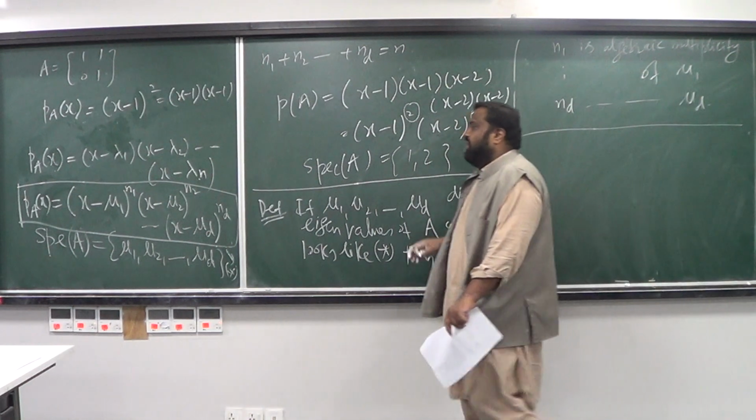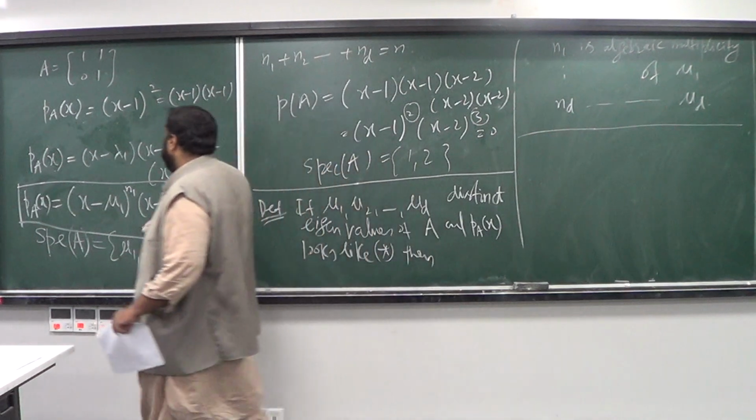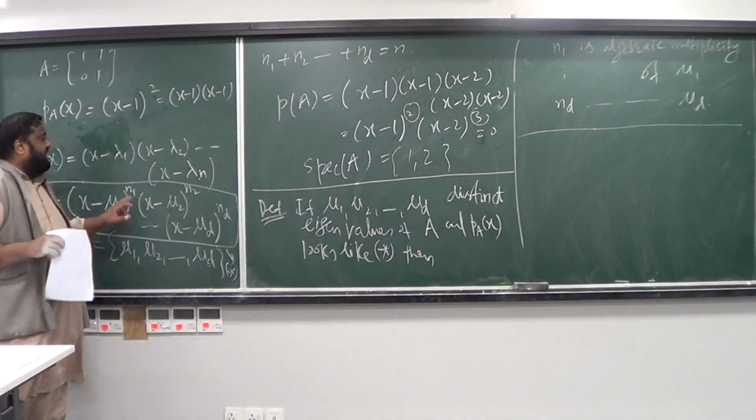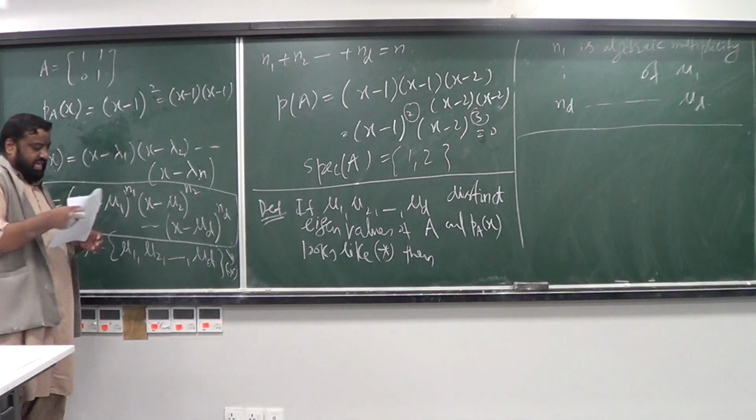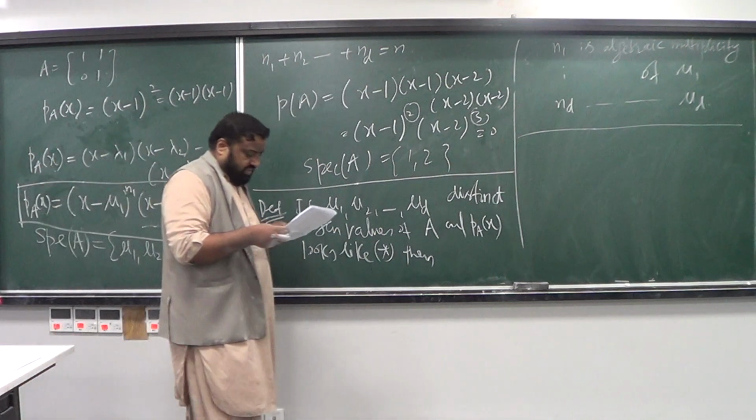Okay? So if a factor repeats some number of times, that power is the algebraic multiplicity of that eigenvalue of the given matrix. Okay?